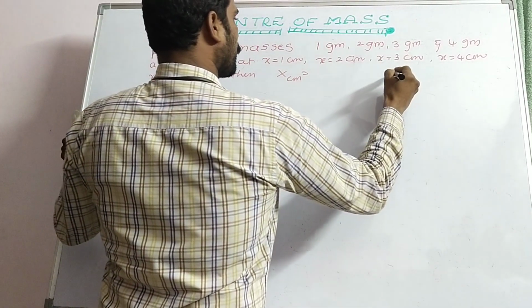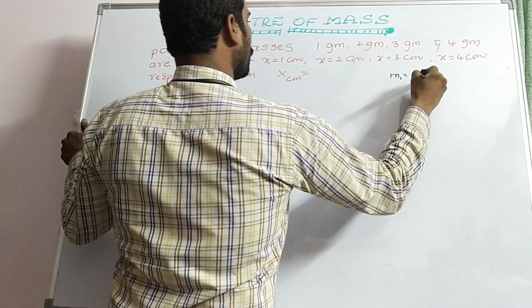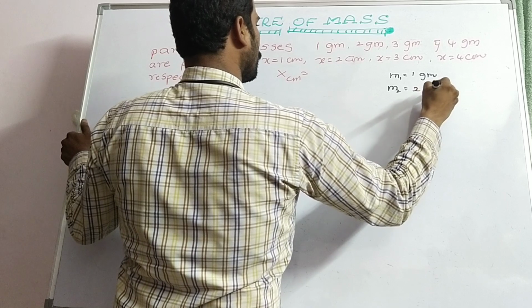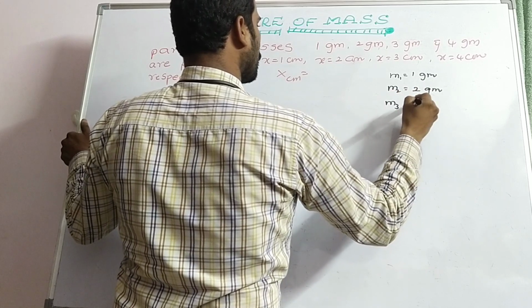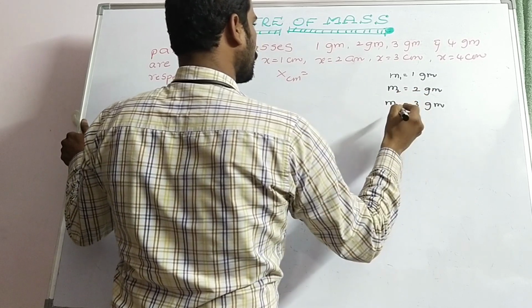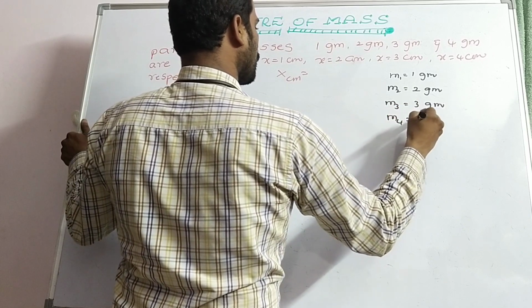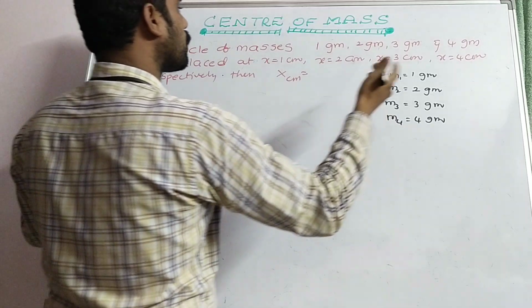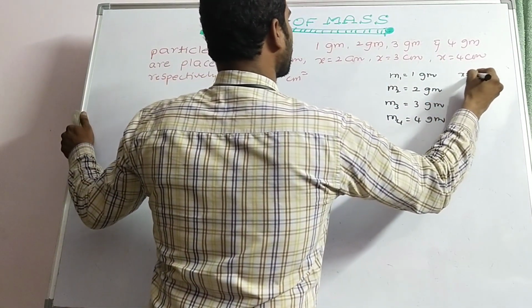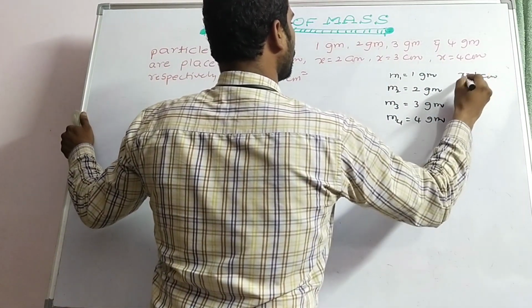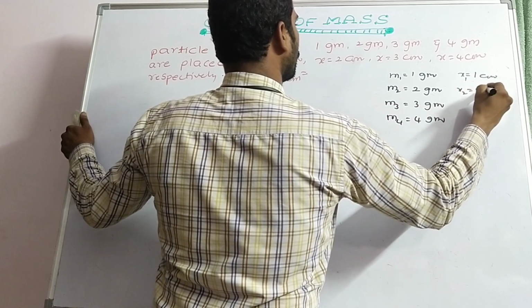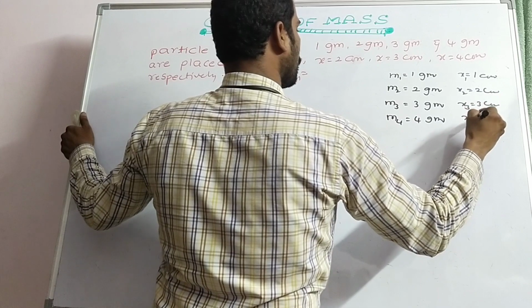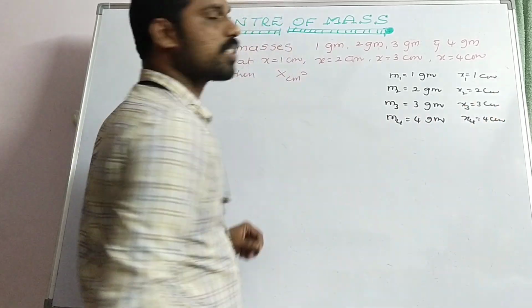See here, M1 is equal to 1 gram, M2 is equal to 2 gram, M3 is equal to 3 gram, M4 is equal to 4 gram. Corresponding positions of the particles given: x1 is equal to 1 centimeter, x2 is equal to 2 centimeter, x3 is equal to 3 centimeters, x4 is equal to 4 centimeters.